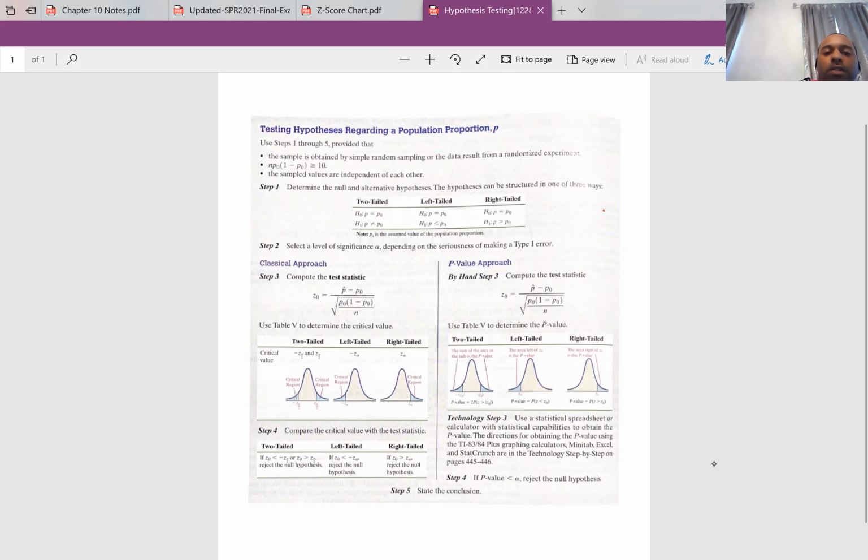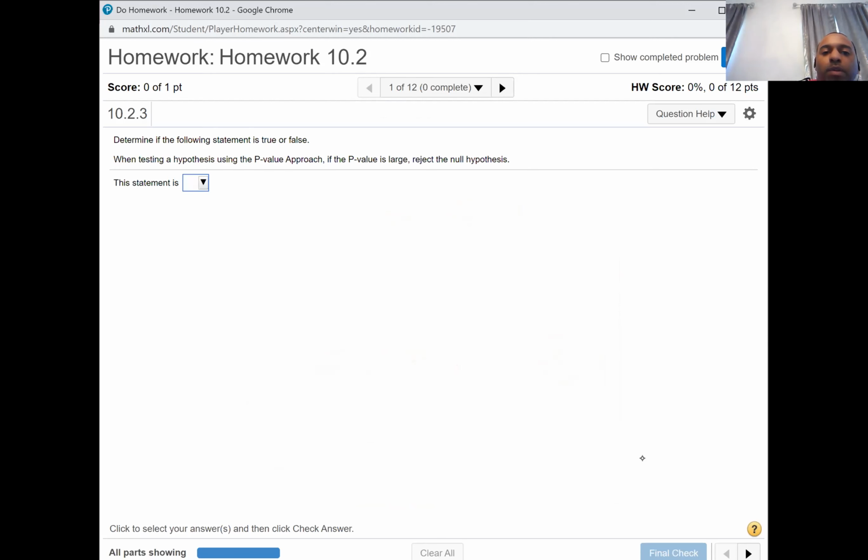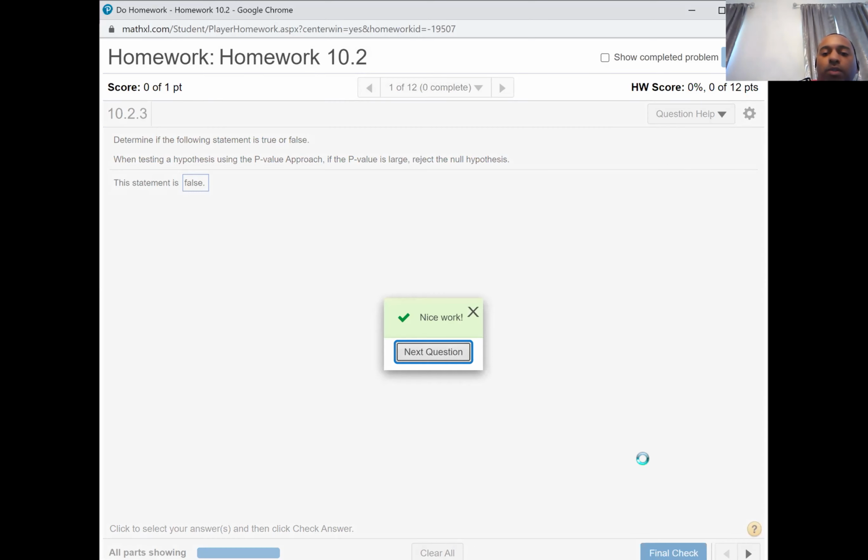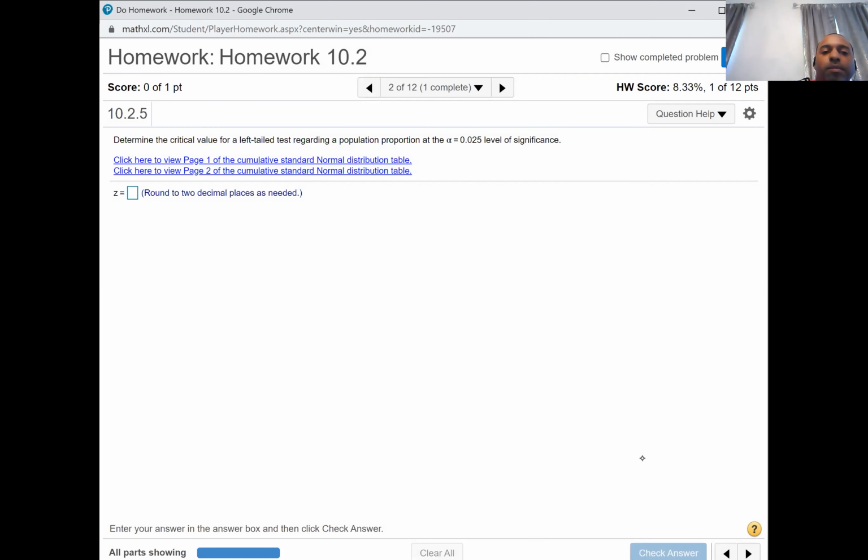This says if the p-value is large, reject the null hypothesis. So that is a false statement. According to our steps, if the p-value is small, you reject the null hypothesis.